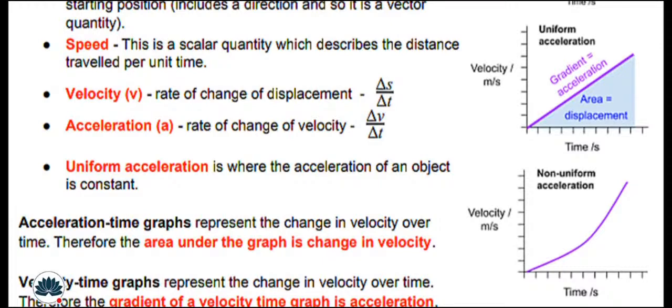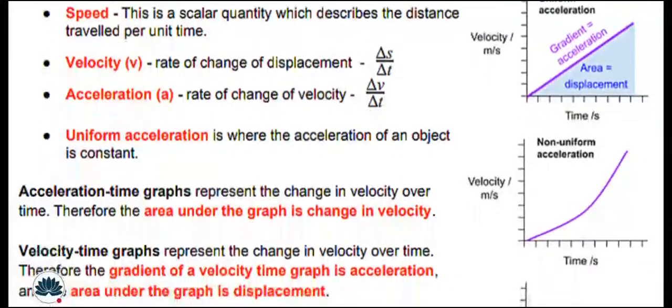And it is non-uniform, or not constant, when, as you can see in diagram number 3, the gradient is becoming steeper and steeper. It means the velocity is not increasing uniformly, so it is non-uniform acceleration, or not constant acceleration.